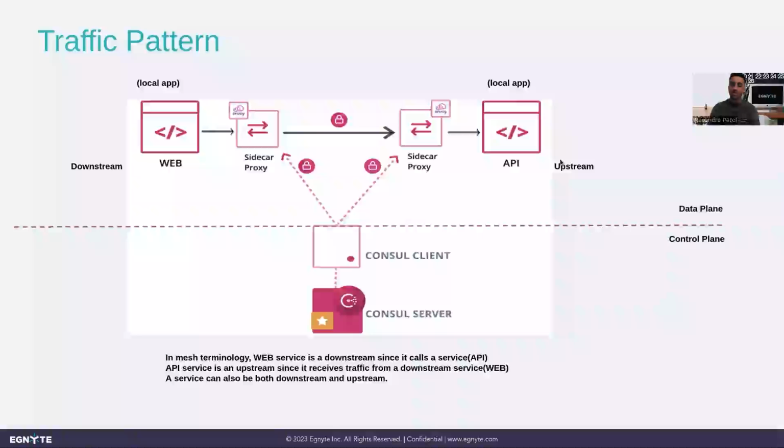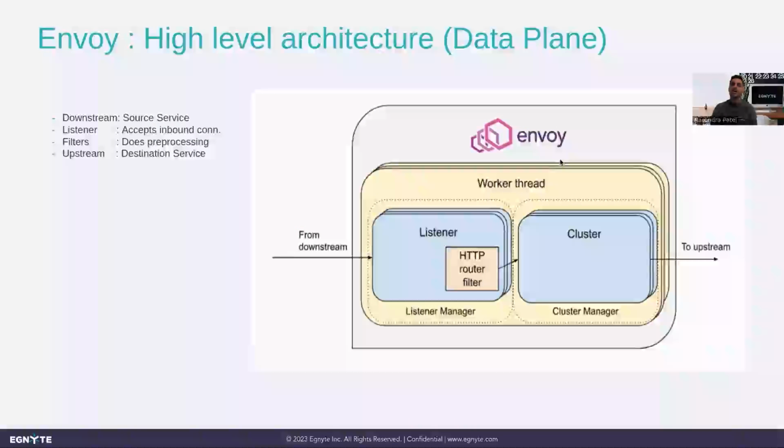So moving forward, we spoke about Envoy in the last slide, Envoy as our sidecar proxy. So what does Envoy look like? Let's have a look at the high level architecture for Envoy. Continuing from our past analogy, let's say the web service sends traffic to the sidecar. The web service, which is the downstream service, will send traffic to the Envoy sidecar.